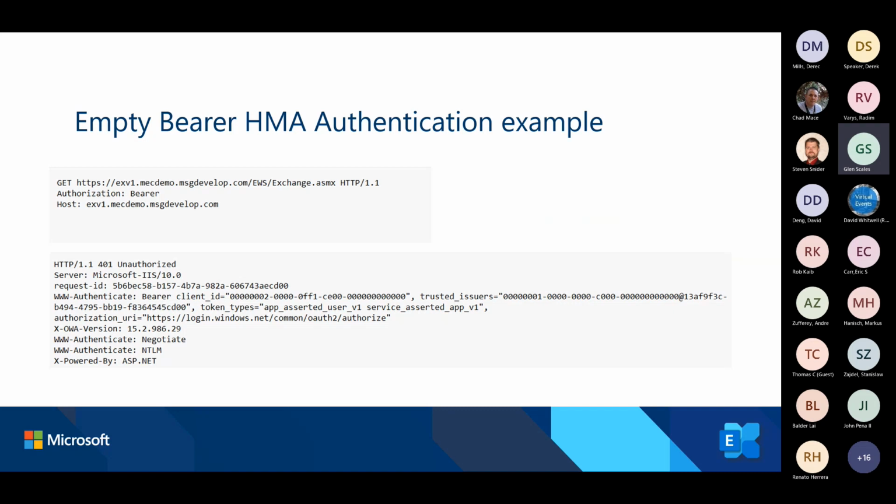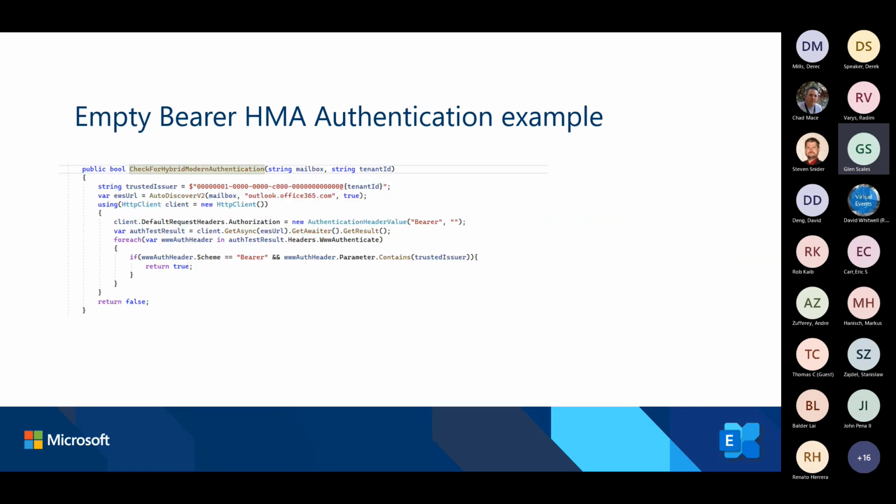In this example, you can see I've got a bearer response, and the authorization URI points me back to Azure. So I know in this case that hybrid modern authentication is enabled on this server. I can also tell that integrated authentication is enabled on the server, so that could be an option in this instance. But obviously, if hybrid modern authentication is there, you should definitely use it to make sure your application is as secure as it can be.